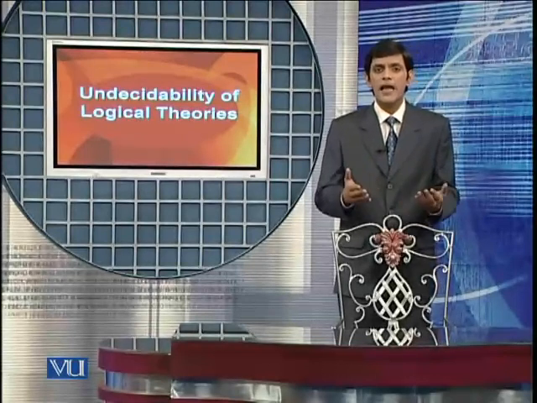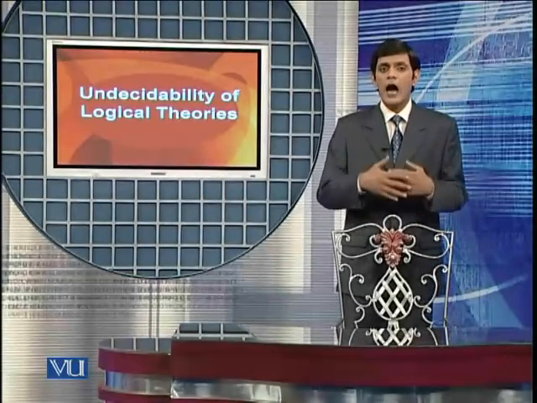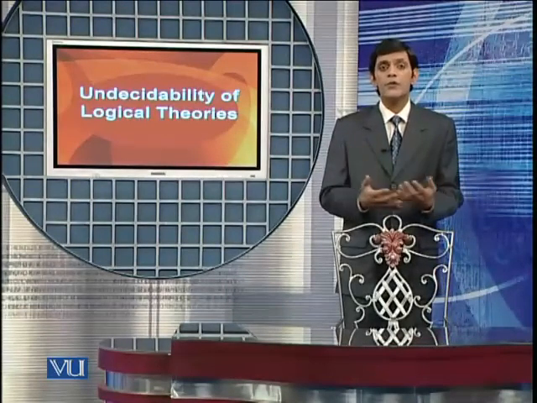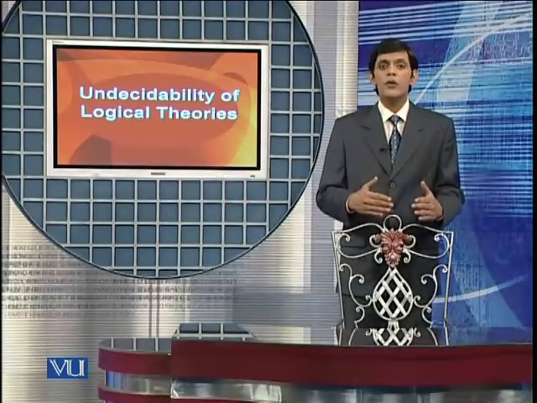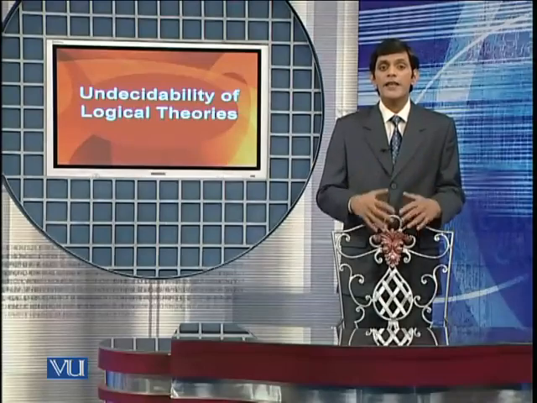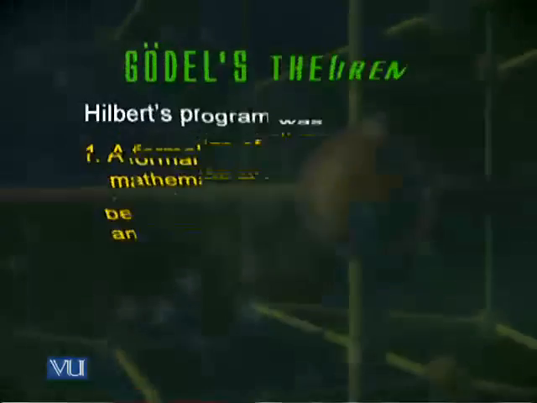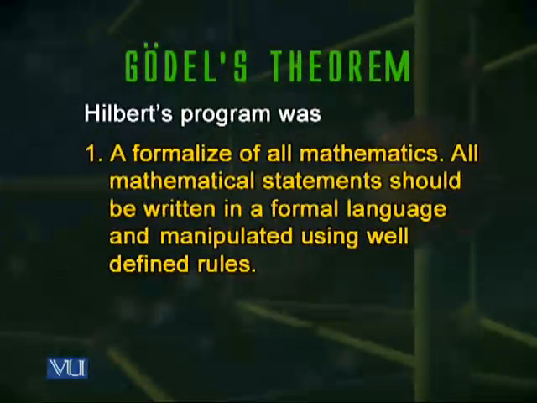He wanted to formalize all of mathematics, how people do mathematics, how they prove things, and everything about mathematics. So he said that what we should do is prove the following things about mathematics. Number one, he wanted to formalize all mathematics. All mathematical statements should be written in a formal language and manipulated using well-defined rules.